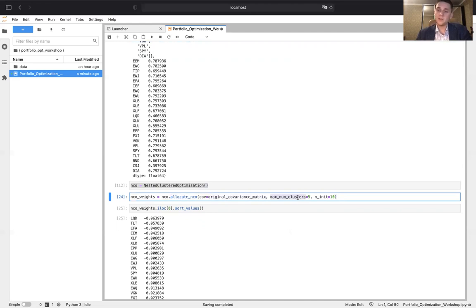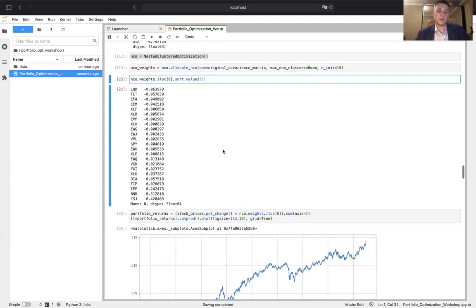Here you can specify your own maximum number of clusters, or if you use none, the algorithm will use the optimal number of clusters algorithm, and the number of initializations of this algorithm if needed. So let's take a look at the results generated by this algorithm.